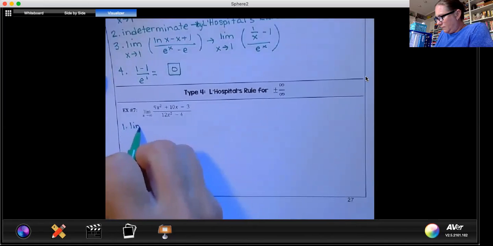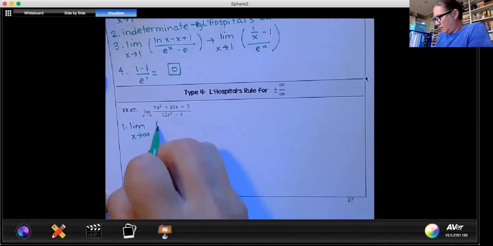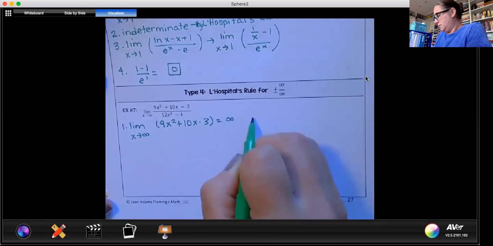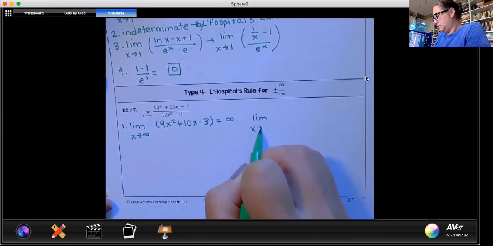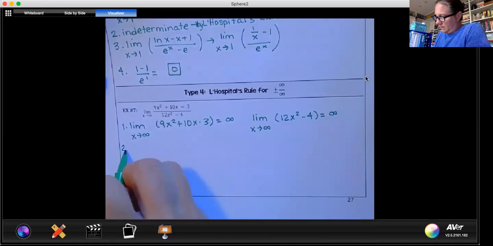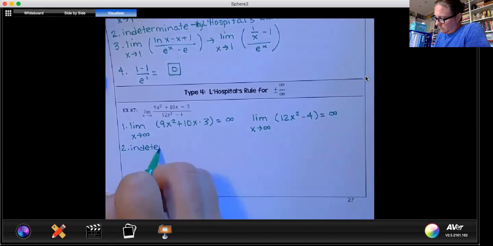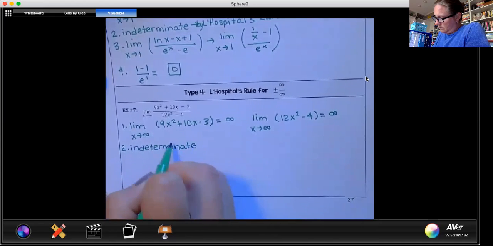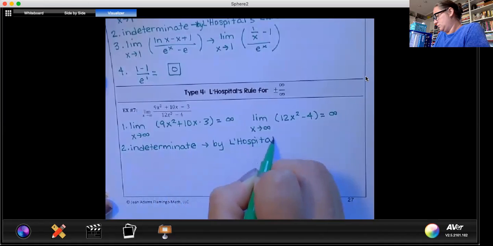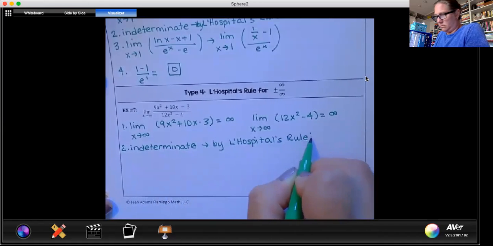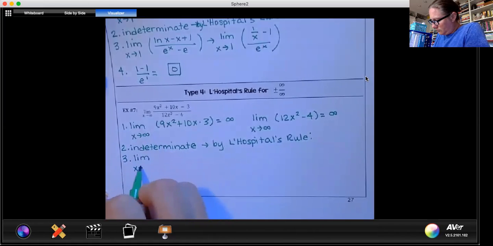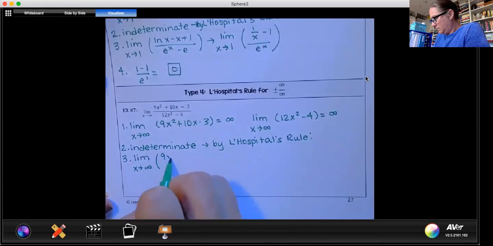All right, the limit as x approaches infinity of the numerator would be infinity, and of the denominator, also infinity. Indeterminate, so by L'Hopital's rule, x approaches infinity of your function.